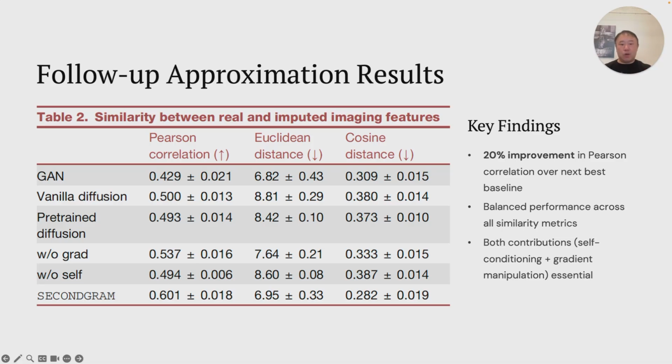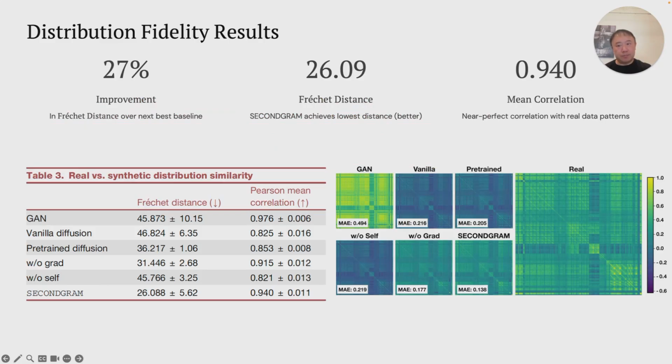So that's for individual image features. Next, we're going to look at the distribution level. How well does the synthetic data set as a whole resemble the real data? Here we're testing some statistical properties such as Fréchet distance and Pearson mean correlation.